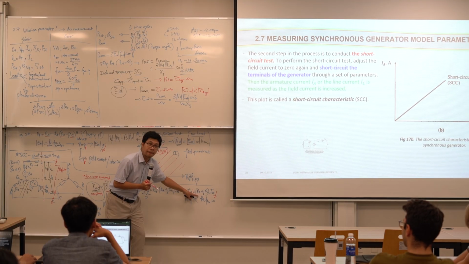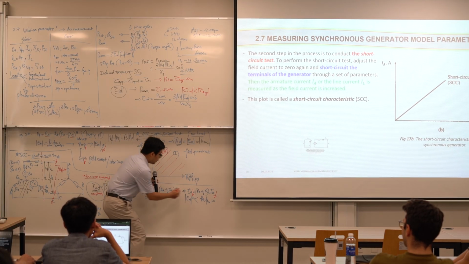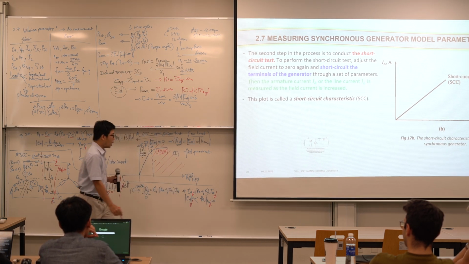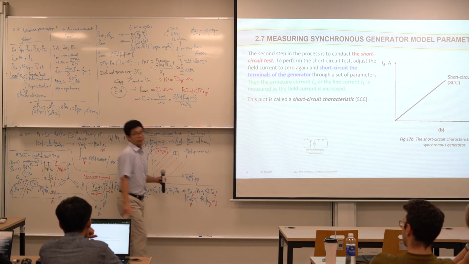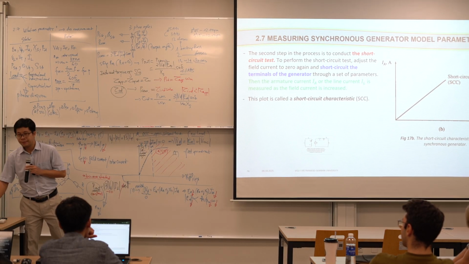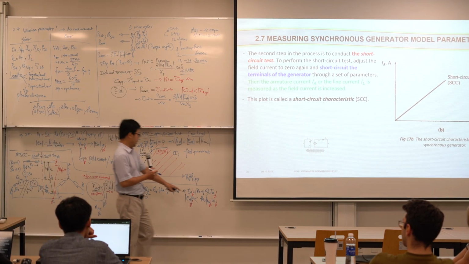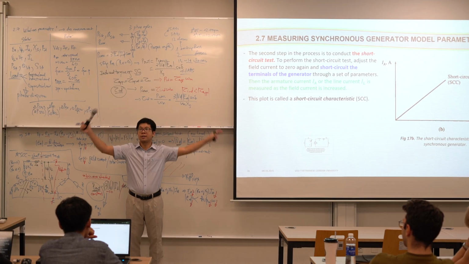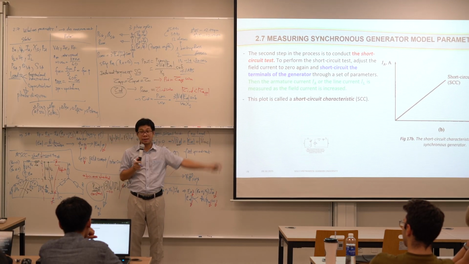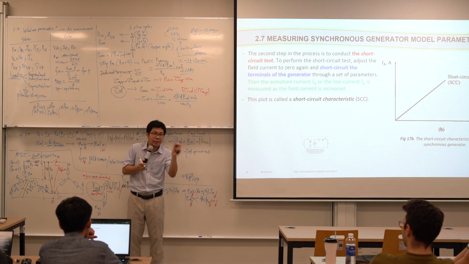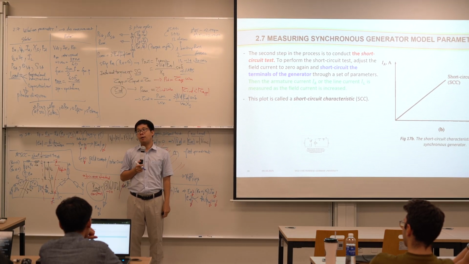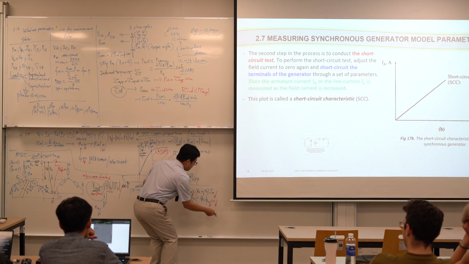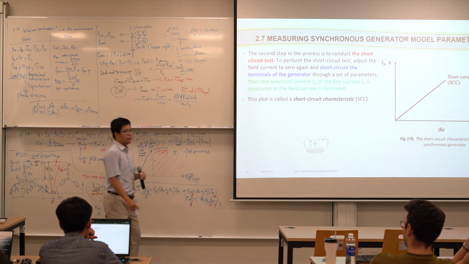So to reduce EA, we need to reduce phi m or omega. It is very difficult to reduce omega because the water turbine or gas turbine is very large. We need at least 30 minutes to gradually reduce the speed of the turbine, so we forget this one because it is impossible.